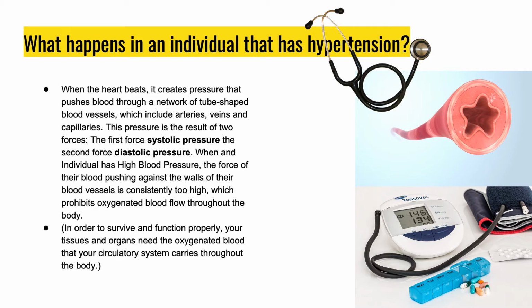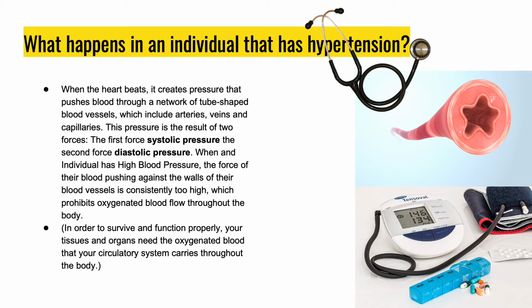So you may be thinking to yourself, what happens in an individual that has hypertension? What physical characteristics describe hypertension within the body? When an individual has high blood pressure, the force of their blood pushing against the walls of their blood vessels is consistently too high.